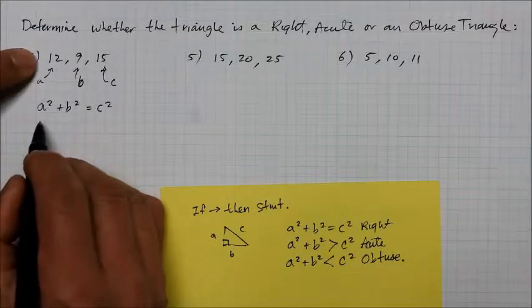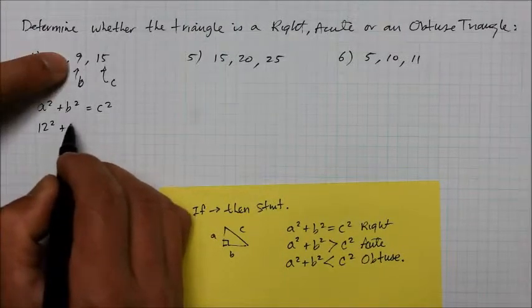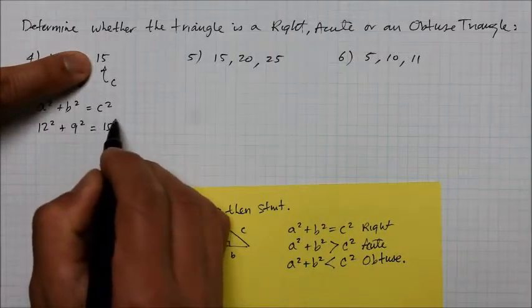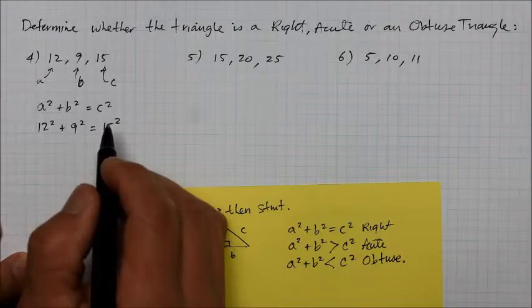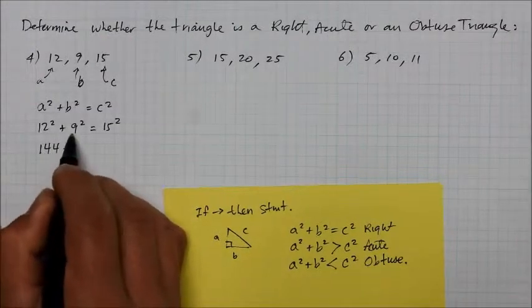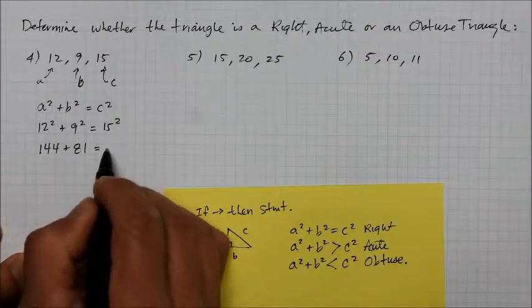A is 12, so that's 12 squared, plus B is 9, so that's 9 squared, and C is 15, so 15 squared. Start evaluating. 12 squared is 144. 9 squared is 81. And does that equal 15 squared, which is 225?